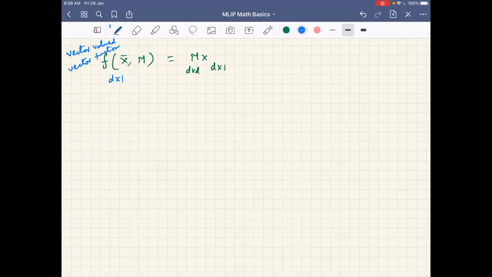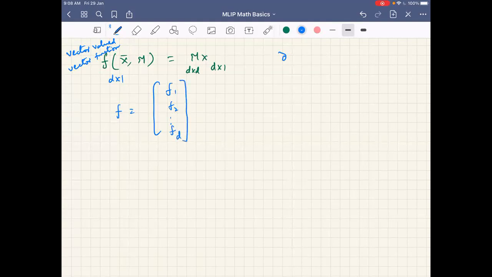Now we want to differentiate this. If you write f, it will itself have f1, f2 and so on up to fd.